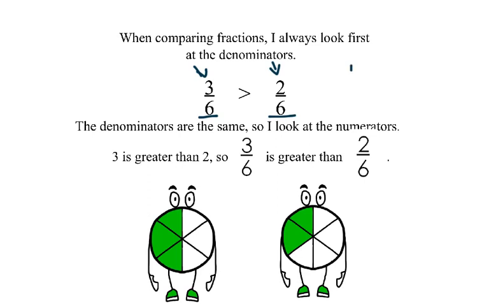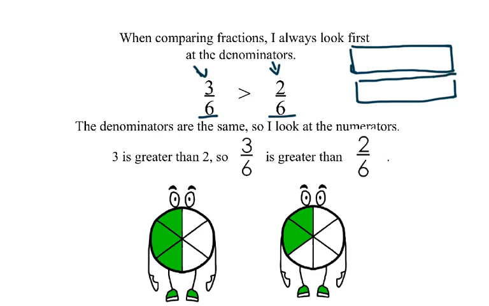Now, Miss Haas always expects you to show your thinking. It doesn't help when you just put an answer down and there's no reasoning behind it. So, right now, I am drawing a picture to show that 3/6 is greater than 2/6.